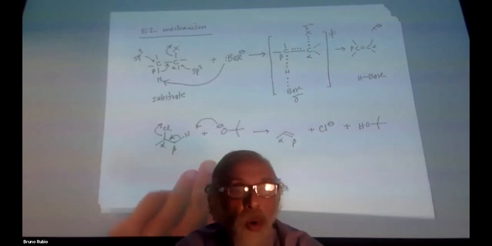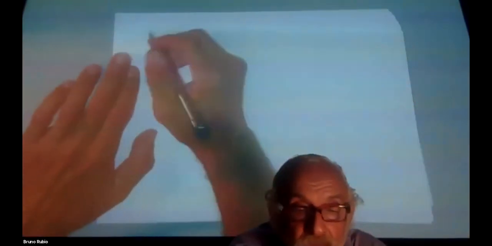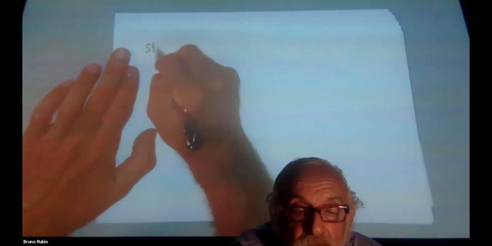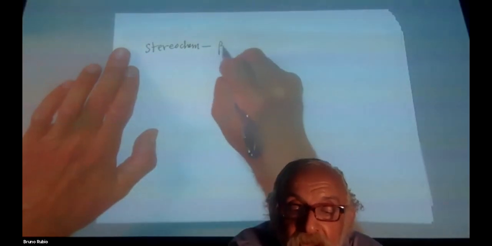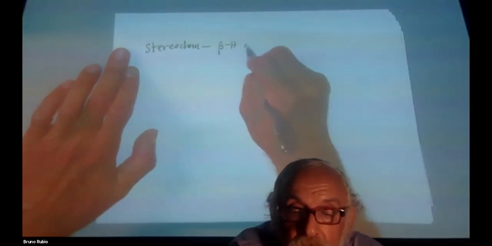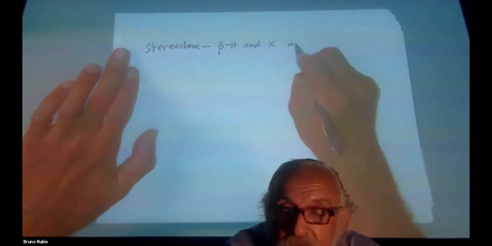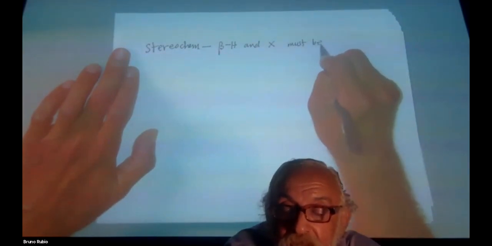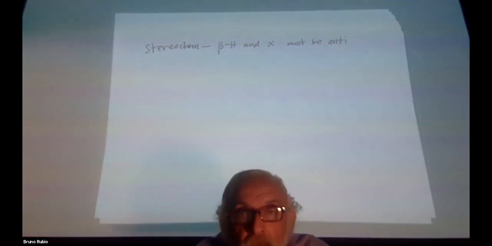Okay, so more detail about the SN2, more detail about the E2 mechanism, and that is its stereochemistry. The beta hydrogen and the leaving group must be anti to each other.